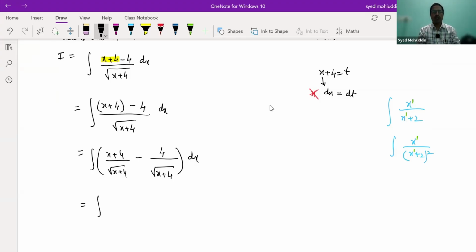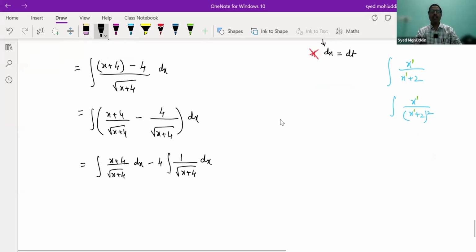Now because there are two terms, according to the properties of integration, I can apply integration separately. For the first term, integral of x plus 4 divided by root of x plus 4 into dx, minus, again you can apply the integral for the second term. It is integral of 4, a constant, I'll take it outside, 1 by root of x plus 4 into dx. This is how we can separate the integral.